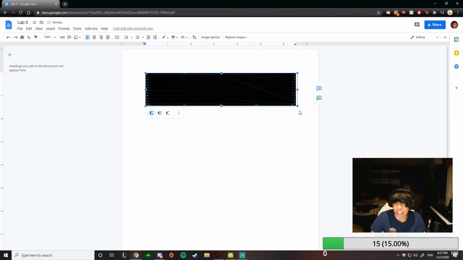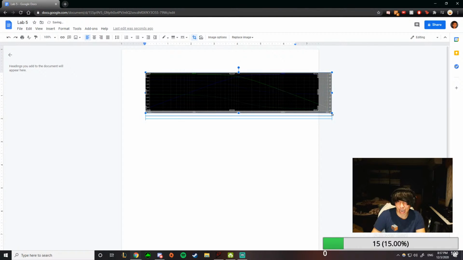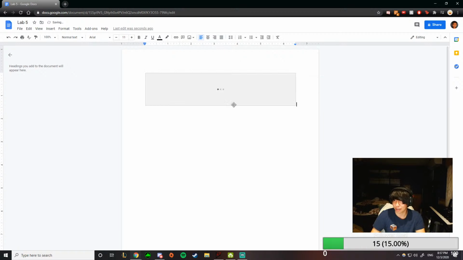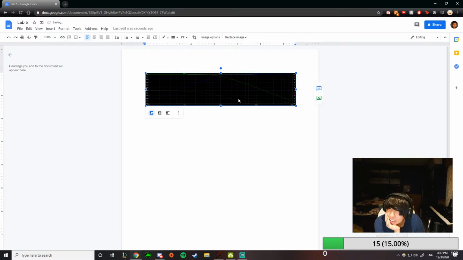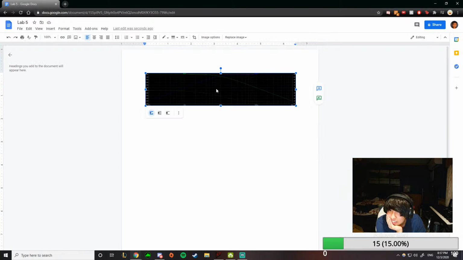Oh, you cannot tell what that says. There's no way they're gonna know what that is. Why is it? Oh yeah, I'm accidentally cropping it. Why is it so dark in Docs when it's so much more visible? What? Maybe I can make it bigger?